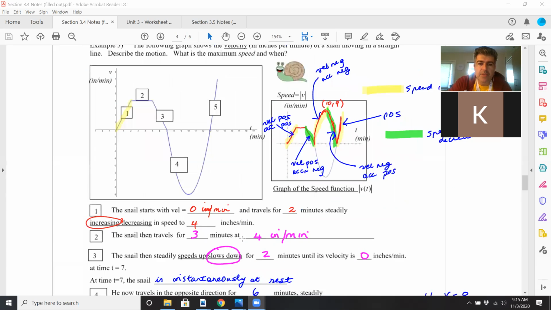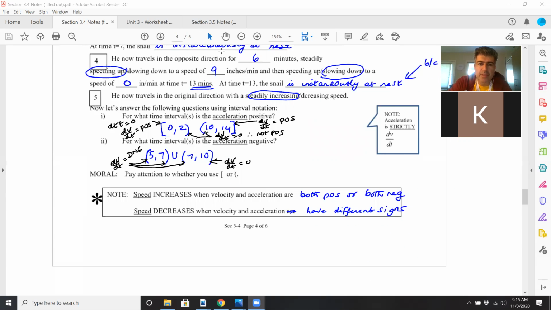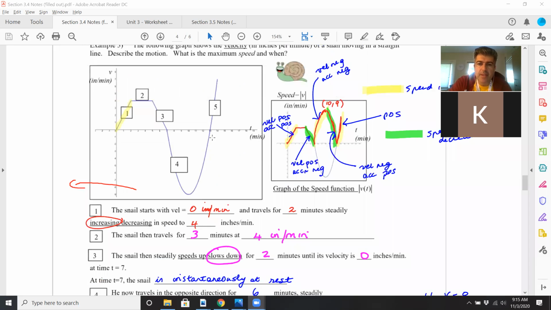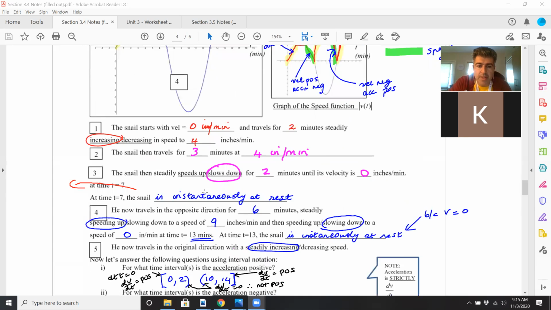So what we could do, actually, I probably should do this really quickly. Your speed is increasing, and you could just look at the speed graph, right? Your speed is increasing from 0 to 2, and also from 7 to 10. That's where you have positive slopes, and also from 13 to 14.